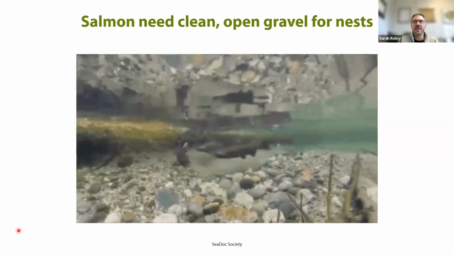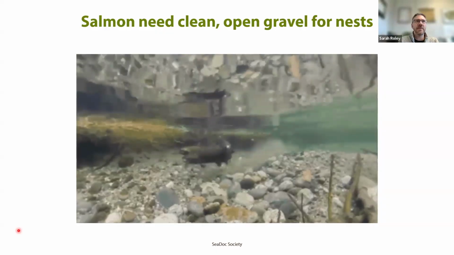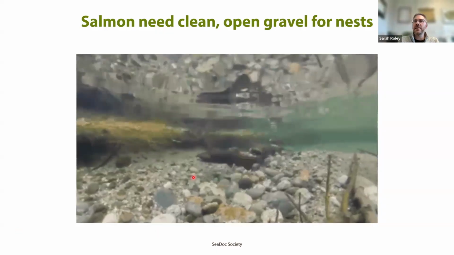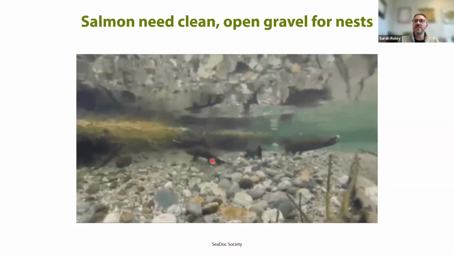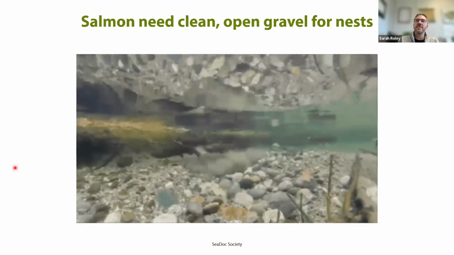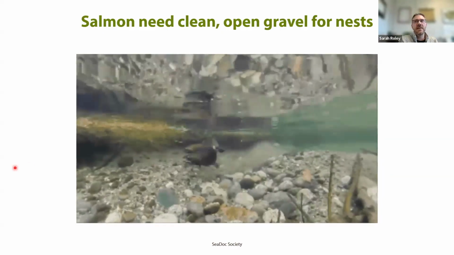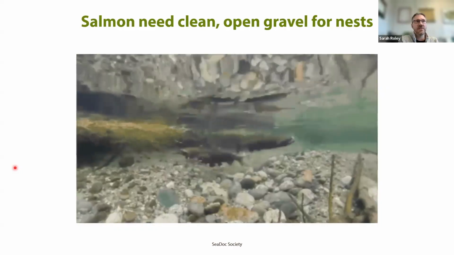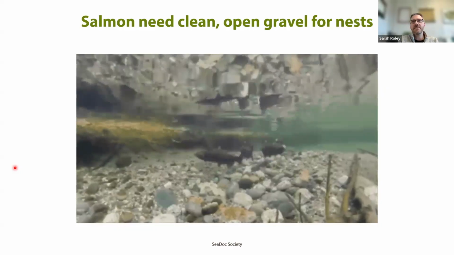And so as you can see in the animated GIF here, we've got a female salmon, and she's coming in, turns on her side, and you can see how she flips her tail and clears fine sediments in order to prepare for laying her eggs in her nest, what's called a redd.